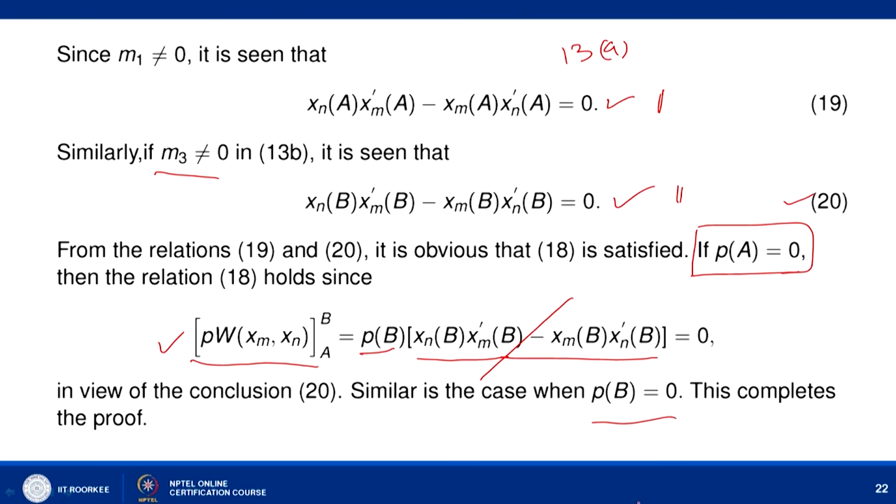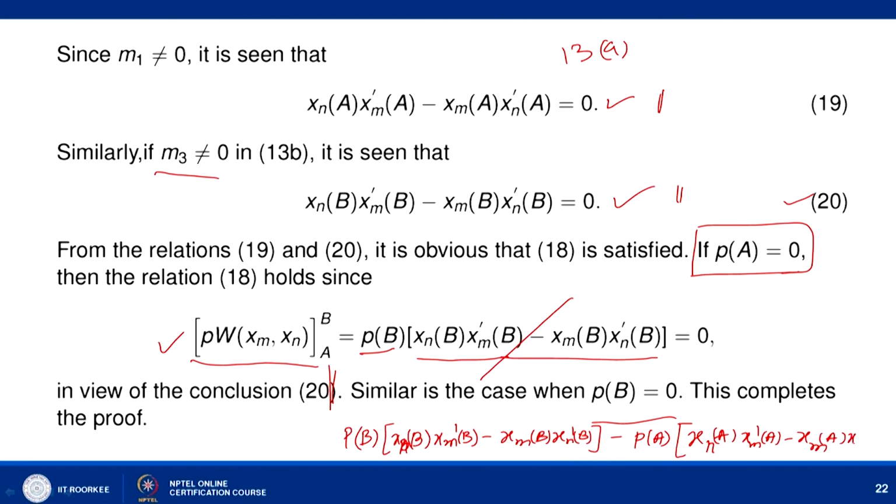So, it means that if p(a) and p(b) both are non-zero, then this is written as p(b)[x_n(b) x_m'(b) - x_m(b) x_n'(b)] minus p(a)[x_n(a) x_m'(a) - x_m(a) x_n'(a)].